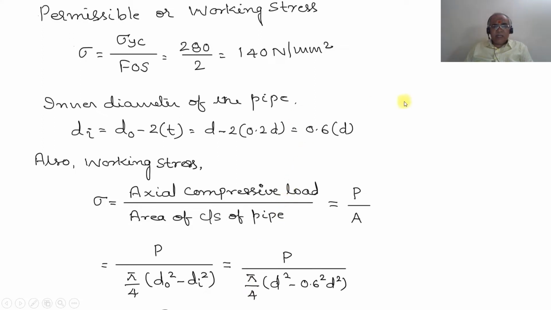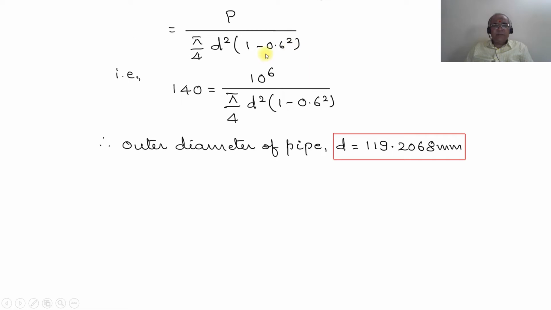Di is nothing but 0.6 D, and D naught is equal to D. Therefore, P by pi by 4 into D square minus 0.6 square into D square. Upon simplification, that will be equal to P by pi by 4 into D square into 1 minus 0.6 square.